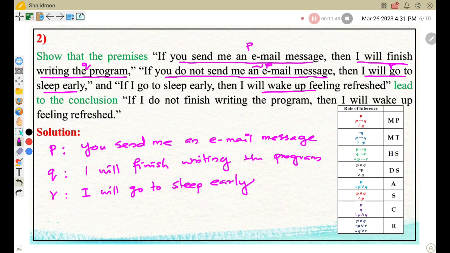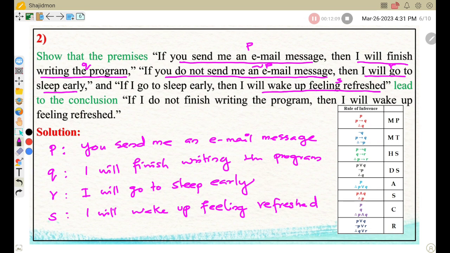"I will wake up feeling refreshed" we take as S. Then the conclusion: if I do not finish writing the program, then I will wake up feeling refreshed.